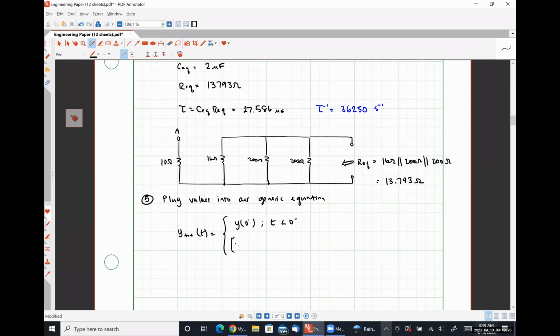It is y at 0 plus minus y at infinity, e to the minus t over tau, plus y at infinity for t greater than or equal to 0 plus.